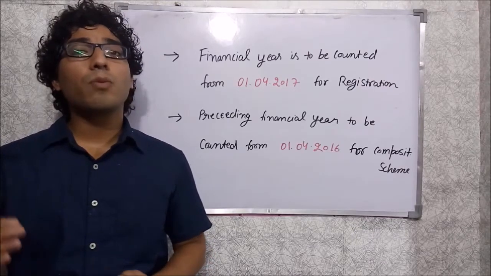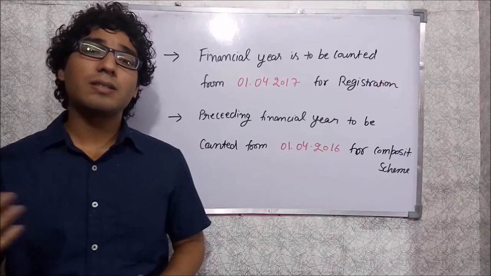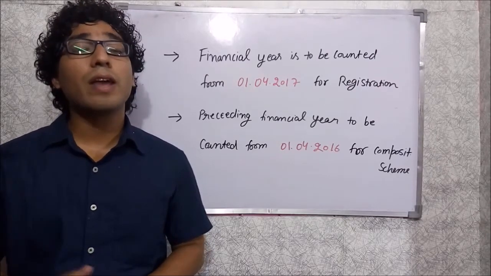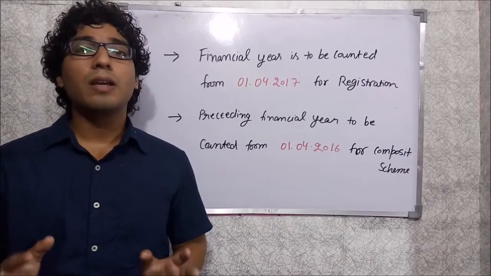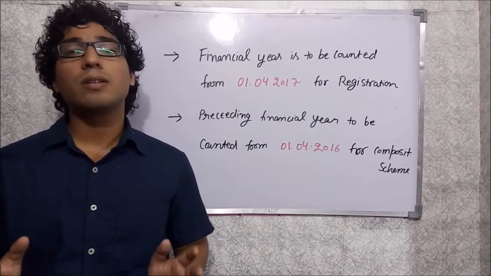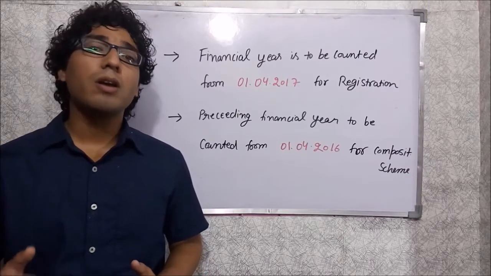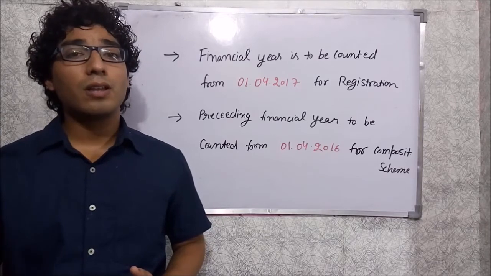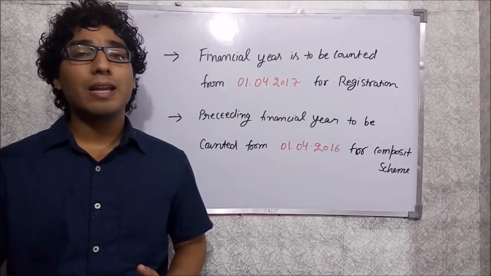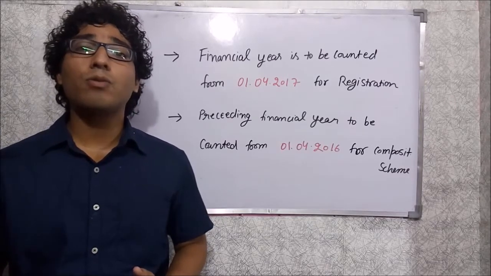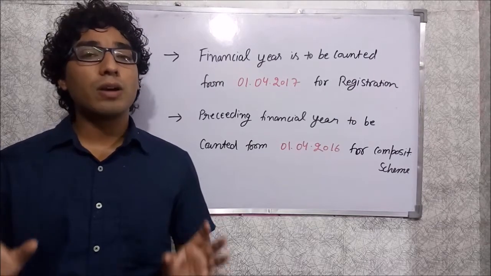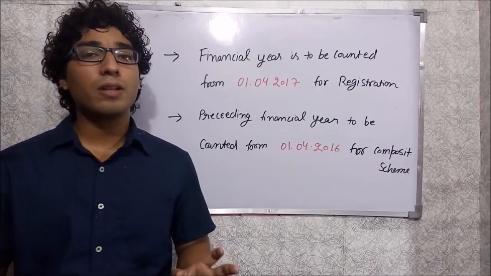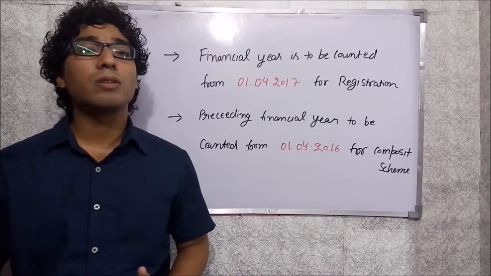But if you look at the other provisions under the CGST Act, we get to know that the financial year means the year from 1st April 2017. It is not to be counted from 1st July 2017, which is the likely date of introduction of GST. So we have to count the financial year from 1st April 2017, not from 1st July 2017.